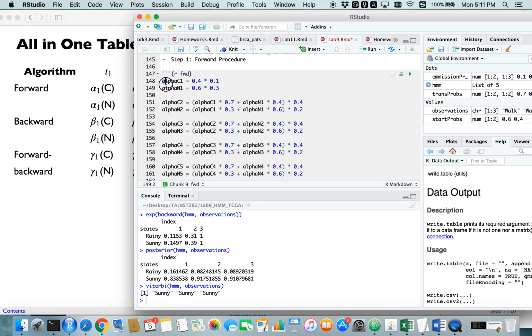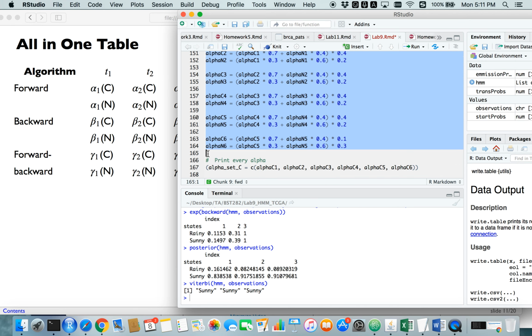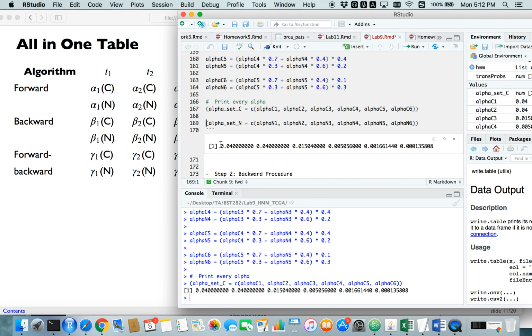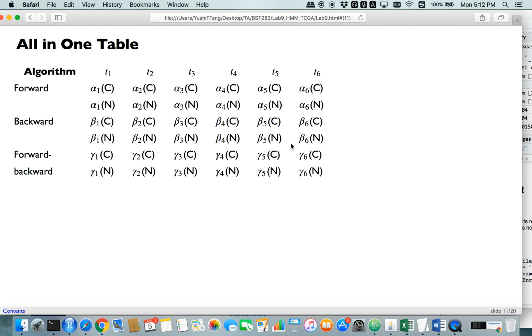This is alpha 1 at the first time point, and alpha 2 inherits alpha 1 from the first time point, and alpha 3 inherits alpha 2 from the second time point, and we do the same for all 6 time points. Then we can print all these alpha values. This is the first row in this table, and then we calculate the alpha values for the non-CPG state, which is the second row within this table.